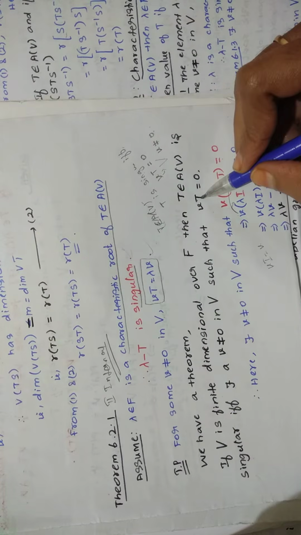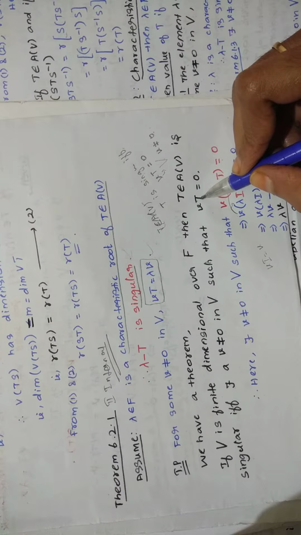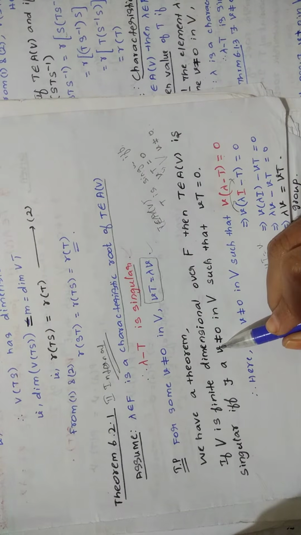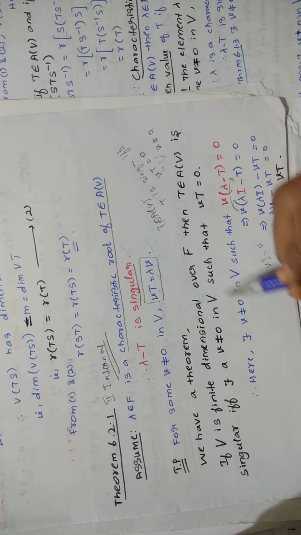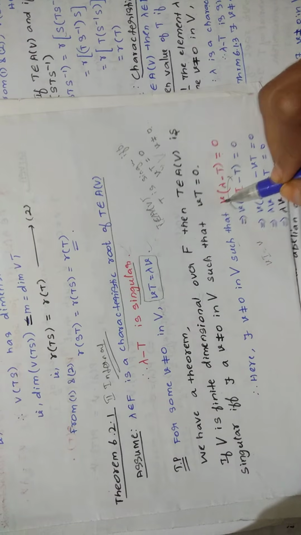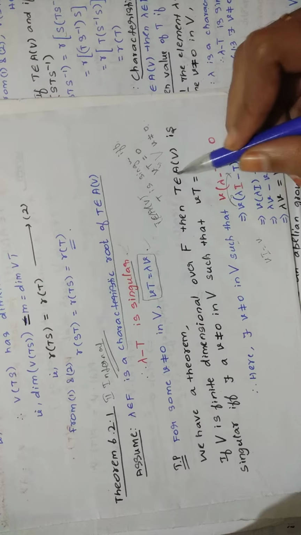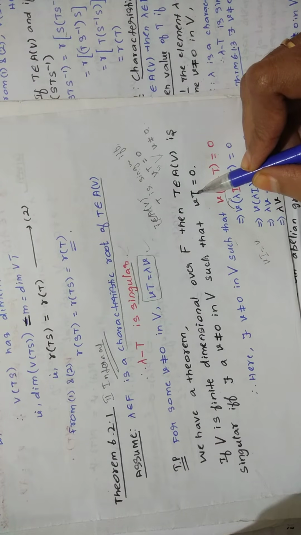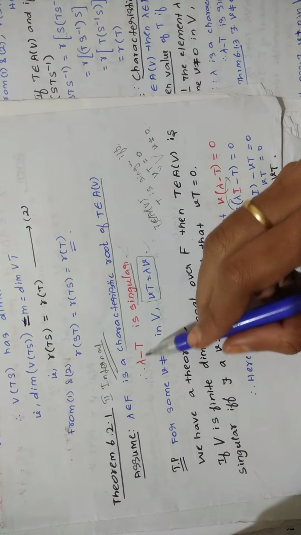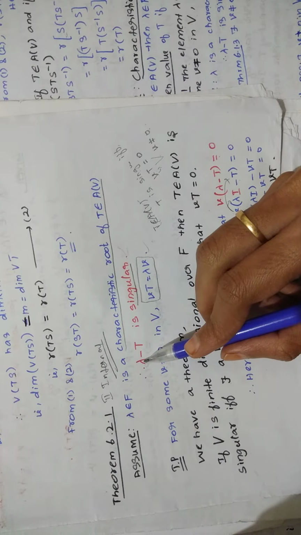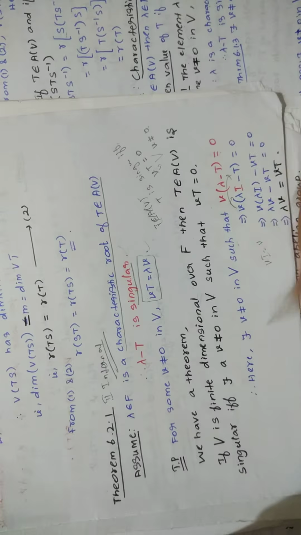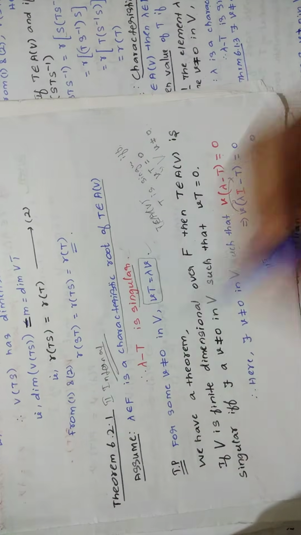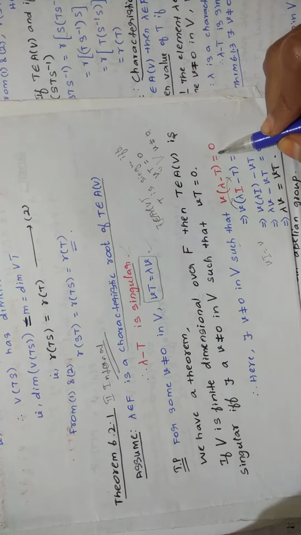So in the place of T, you put lambda minus T. Therefore, there exists this V not equal to 0 in V such that V into, in the place of T, lambda minus T equal to 0.